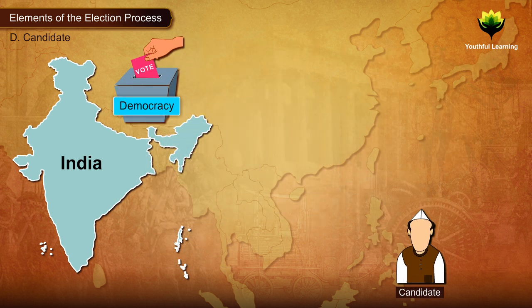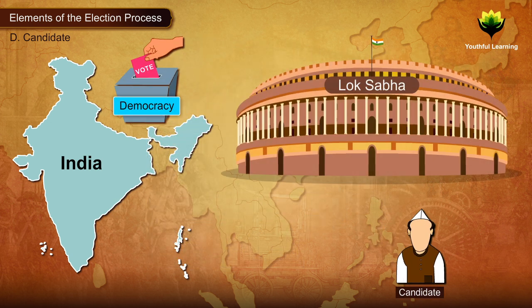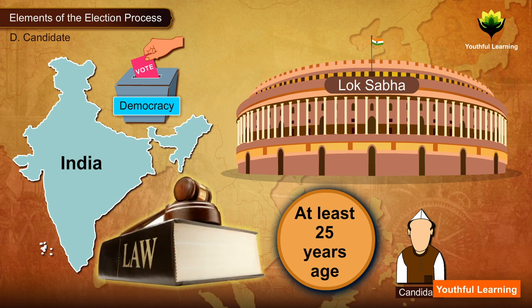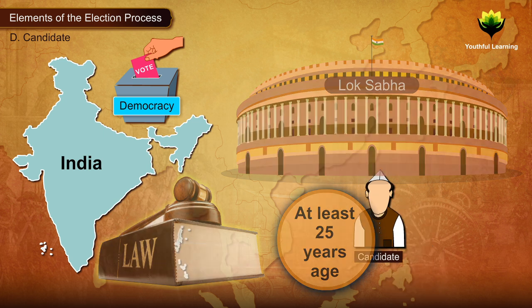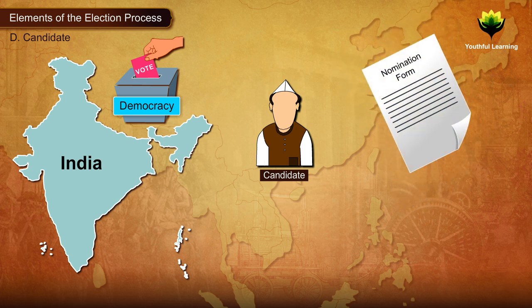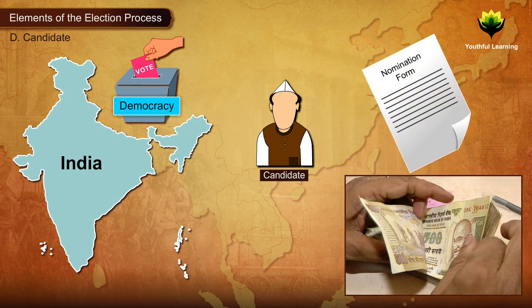For example, a candidate for Lok Sabha should be at least 25 years of age. There are also certain other conditions that have been laid down by the law that need to be fulfilled as well. A person who has the required qualifications can fill a nomination form and pay a deposit.